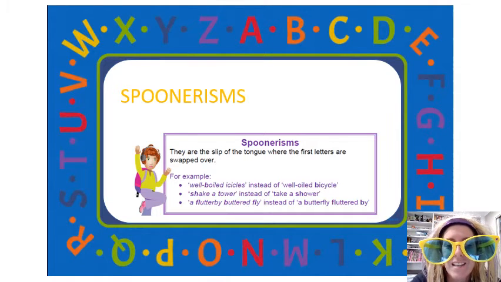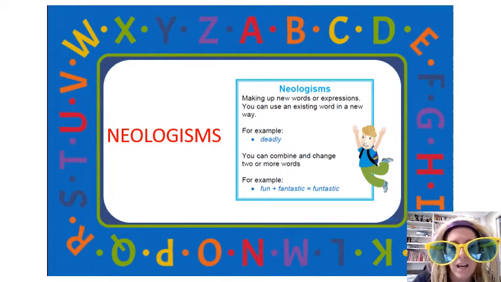Spoonerisms, they are the slip of the tongue. So when you accidentally mix your words around. So we can have shake a tower instead of take a shower. Sometimes you might accidentally create spoonerisms when you talk too fast or if you're nervous about something. And neologisms, they are making up new words or expressions. So you can use existing words in a new way.